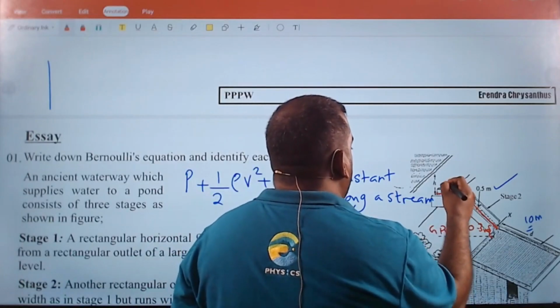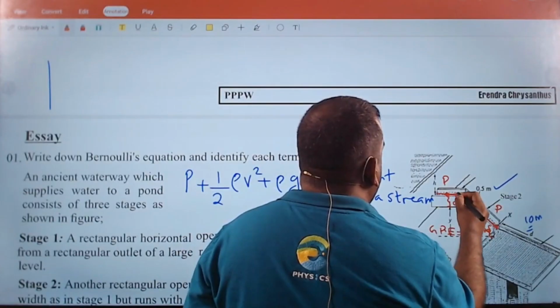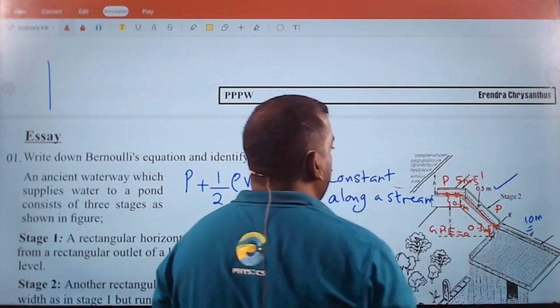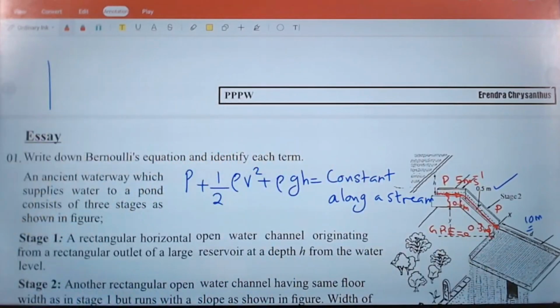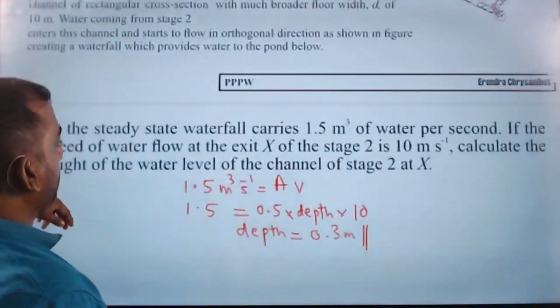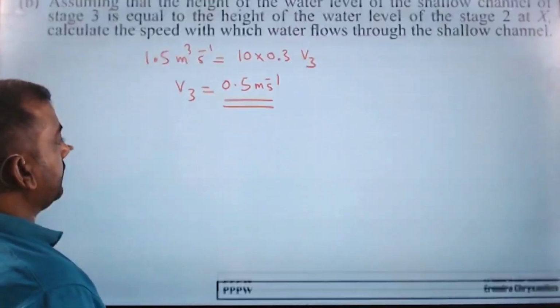Open to the atmosphere here P. Here velocity is 5 meter per second. Velocity at stage number X, how much? They have given you 10 meters per second.